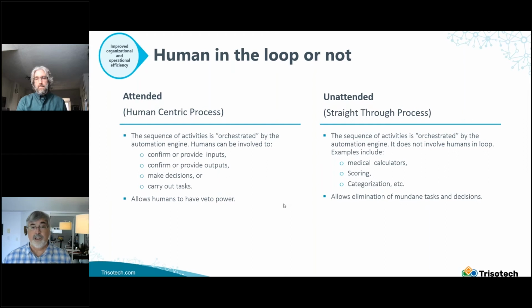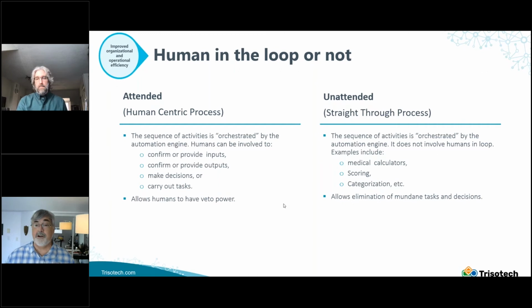And there, the engine or the tooling is there to orchestrate the activities, but we leave it to the human to confirm or provide inputs or to make the actual decision or to carry out the task. So that way, we're basically using humans by providing them with a veto power over what's going on.